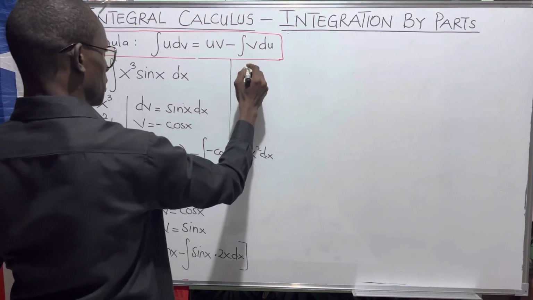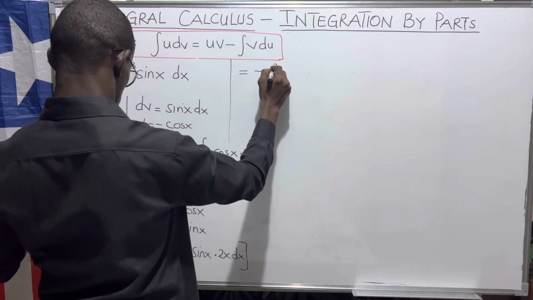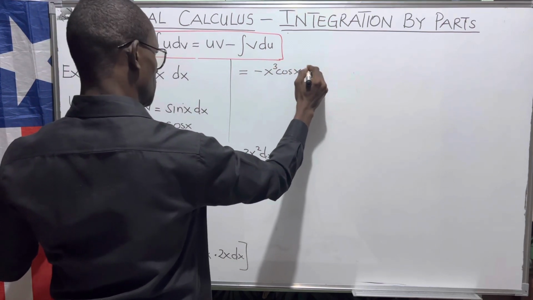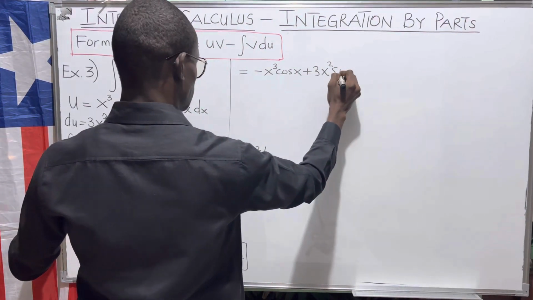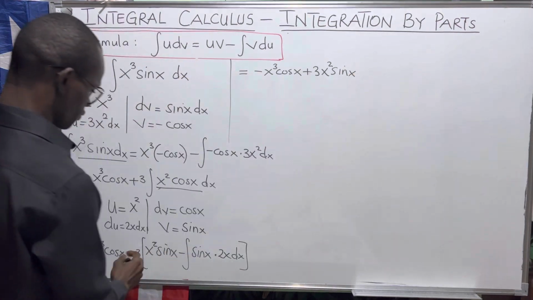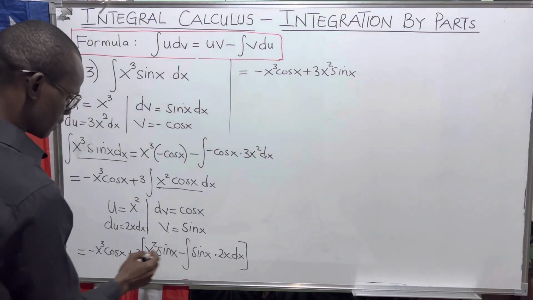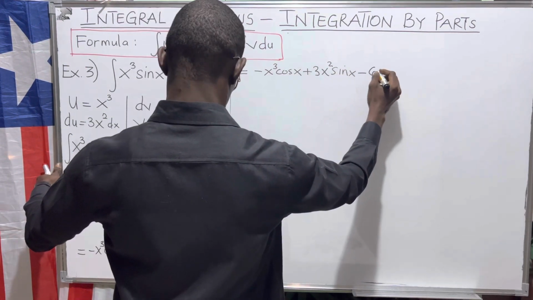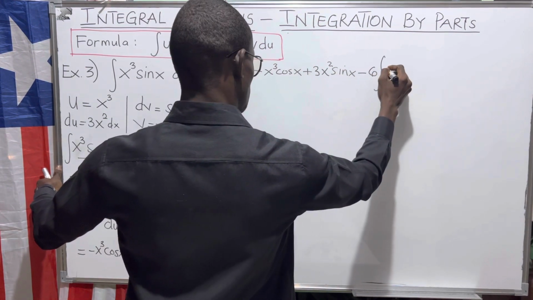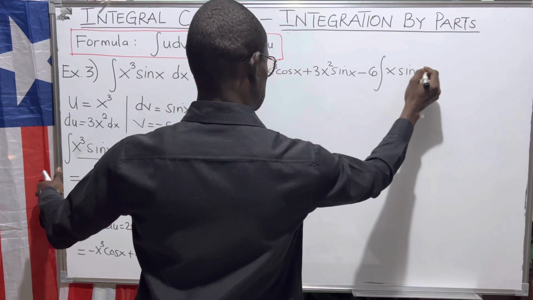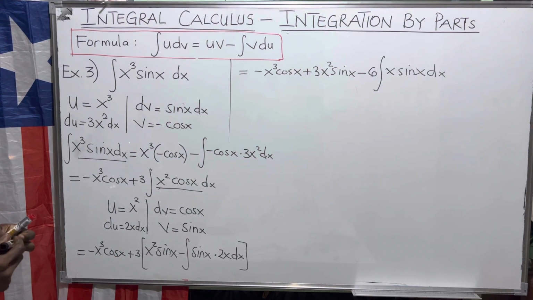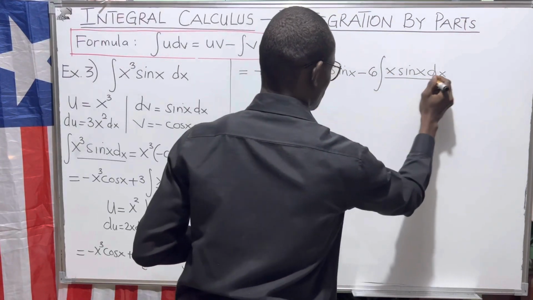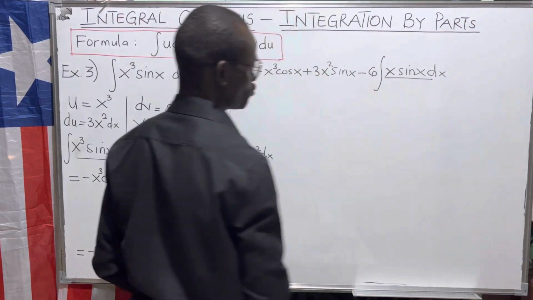So we have minus x cubed cos of x plus, when we multiply, 3x squared sine of x, and then 3 times 2 is 6, minus 6 times the integral of x sine of x dx. So you see again, we have arrived at a similar form, an algebraic function and a trig function.